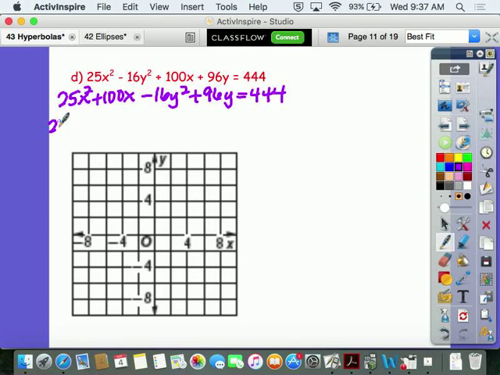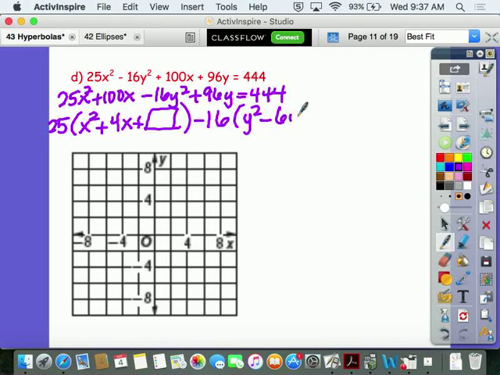So we're going to factor out a 25 from the first one, which leaves us with an x squared plus 4x plus a lot. And we're going to factor out a negative 16. And when we take out a negative 16 from a positive 96, we get a minus 6y equals 444.